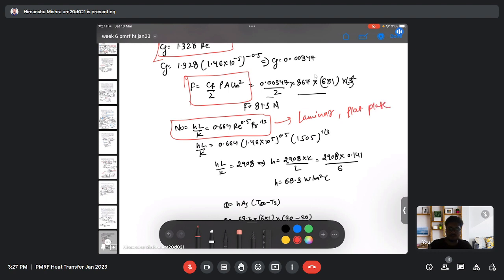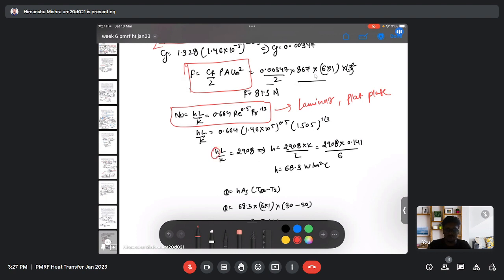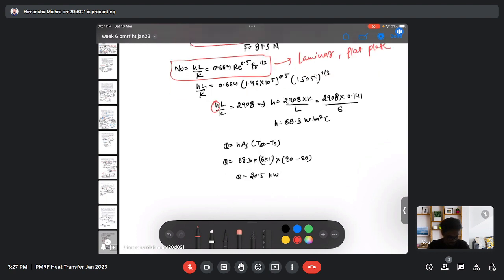Once we determine the correlation of the Nusselt number, then we can find the heat transfer coefficient, and then by using Newton's law of cooling, we can find the total heat transfer. So it's a standard problem. We already solved many of these. Any doubt in this problem?